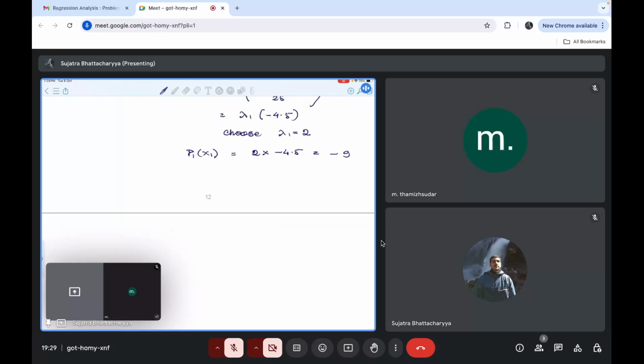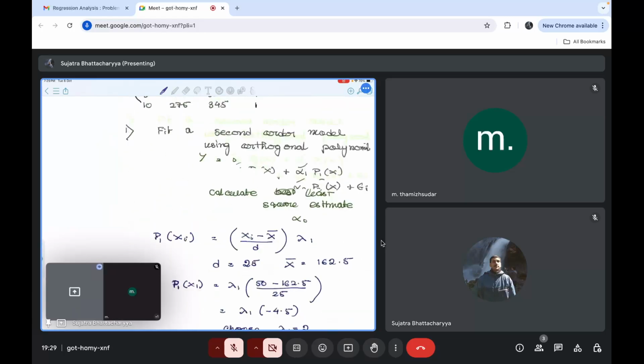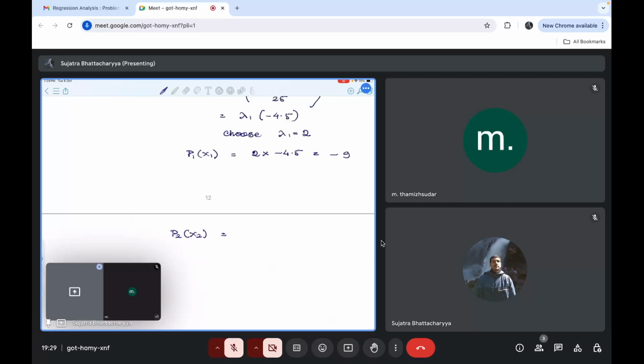Let's do one more, P1 x2. What is your x2? It is 75. Lambda 1 is already defined as 2. So it is 75 minus 162.5 divided by 25, which is minus 3.5. So 2 into minus 3.5 is minus 7.